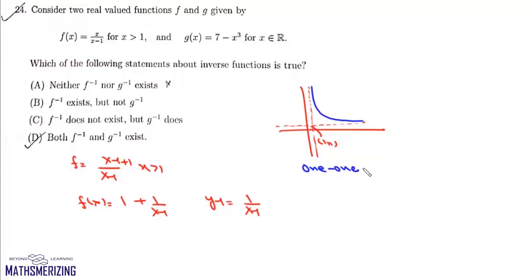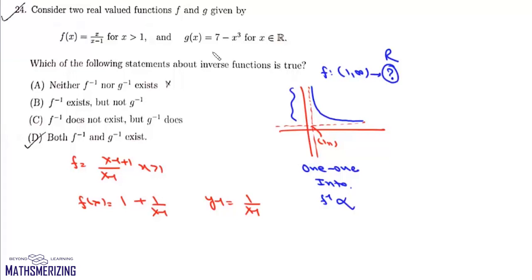Now we need to check if this function is invertible. The function is invertible if it is both 1-1 and onto. Now for this function f, we are given the domain which is from 1 to infinity, but we have not specified any codomain. And when the codomain is not specified, we generally take this codomain as R. Now in this case, its range is from 1 to infinity, and its codomain is R. That means this function is 1-1 and into. That means f inverse won't exist for f.